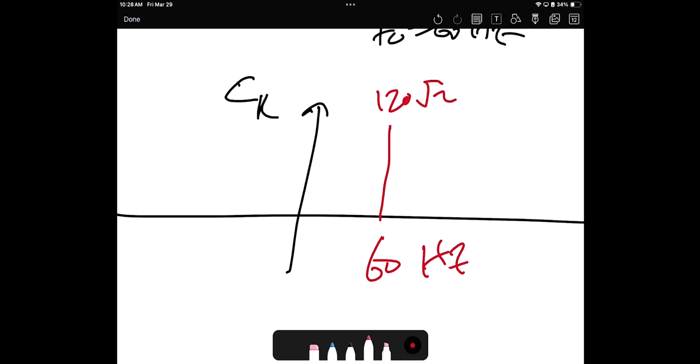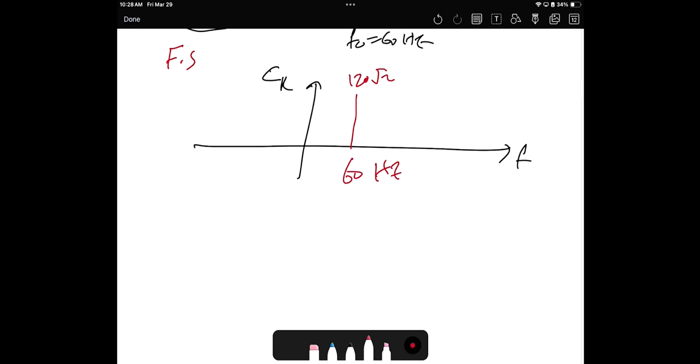So most likely, the signal is not pure enough, so you will see at 60 Hertz a high value, and at other frequencies very low values. At the fundamental, 60 Hertz, it is high. Since 60 Hertz is what we want, the desired. This is something we call the fundamental frequency.